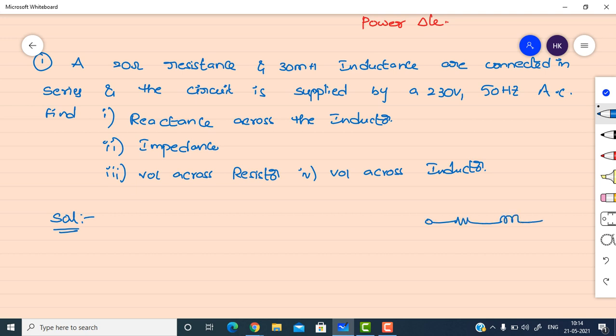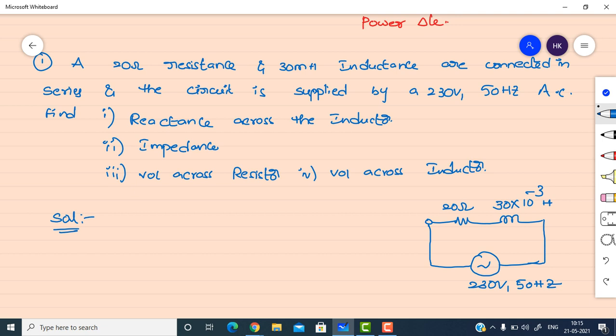Draw the circuit, and that is supplied by an AC 230 volts 50 Hz AC supply. Resistance value is given 20 ohm and inductance value is also given, 30 millihenry. Milli means what is the value? 10 to the power of minus 3 henries.